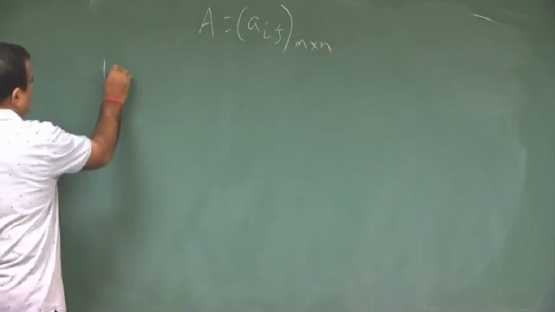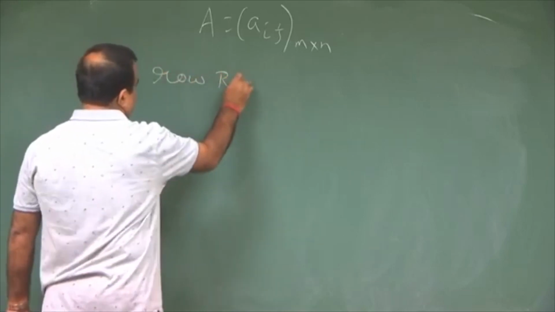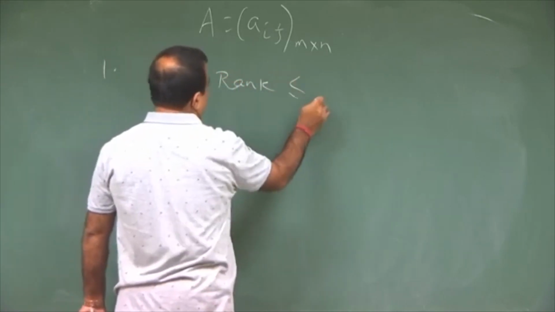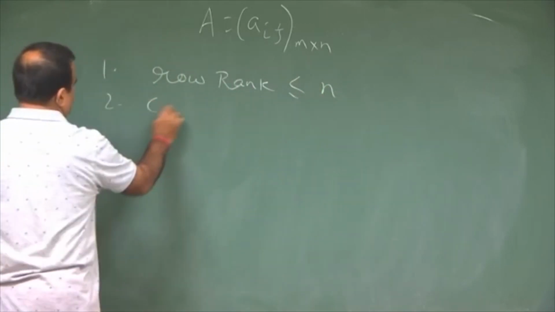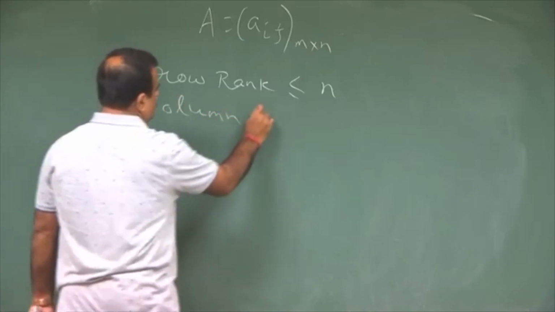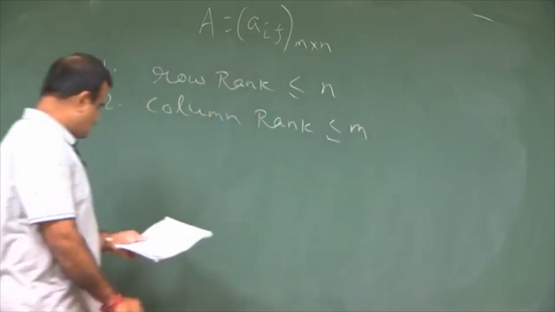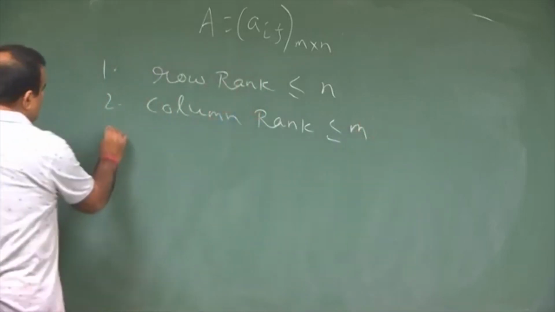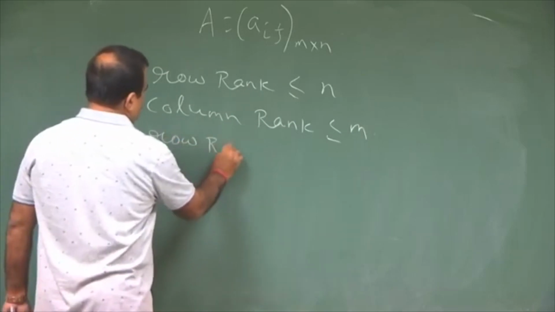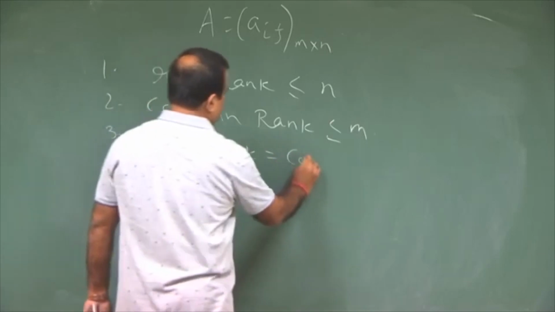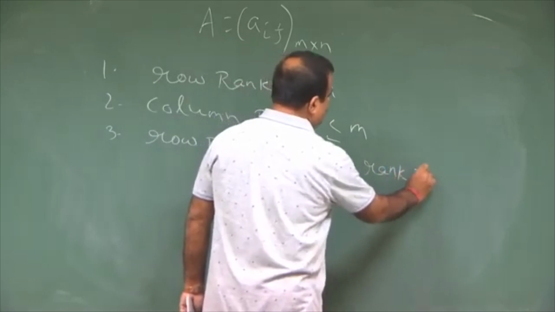Now, the first result: row rank is less than or equal to n, column rank is less than or equal to n, this we have seen, and row rank is the same as column rank, which is the same as the rank of the matrix.